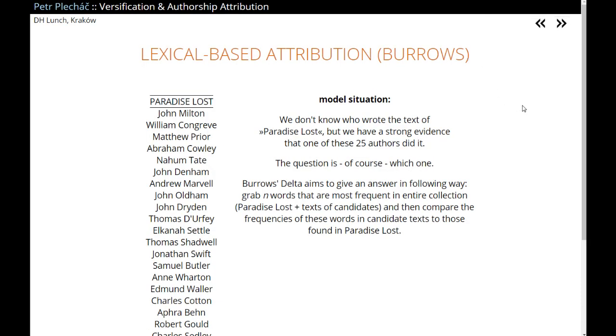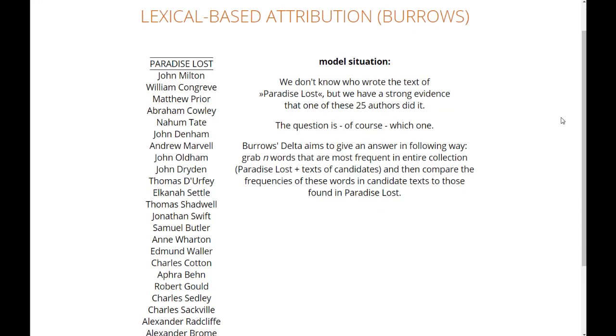The question is, of course, which one? Delta aims to give an answer in the following way. We grab some amount of words, the words that are most frequent in the entire collection, in this entire corpus, and then we compare the frequencies of these words in a candidate text to those found in Paradise Lost.